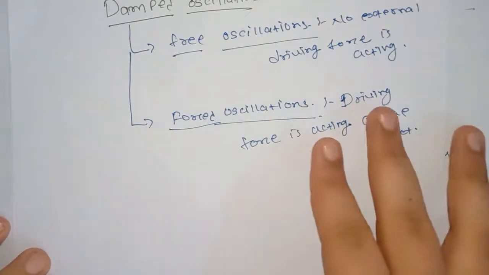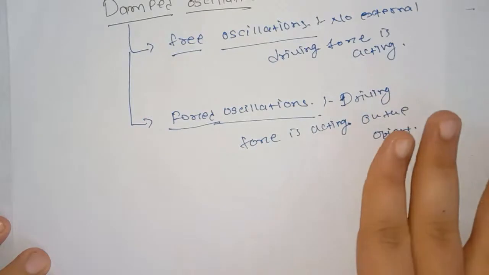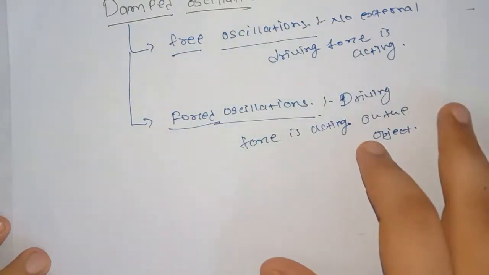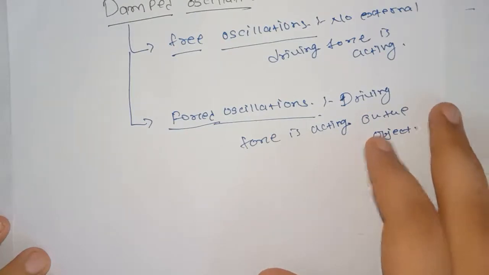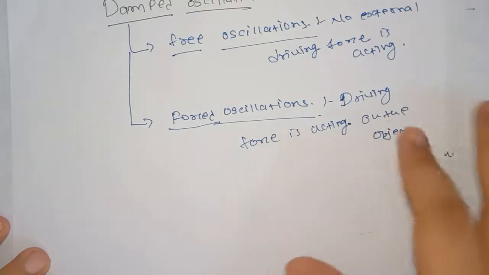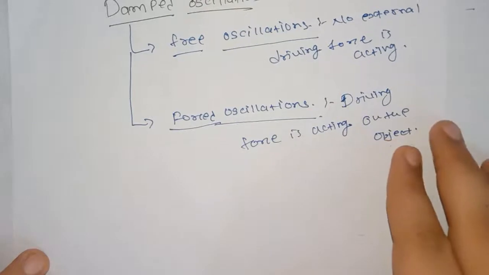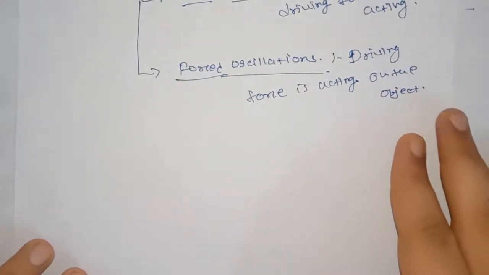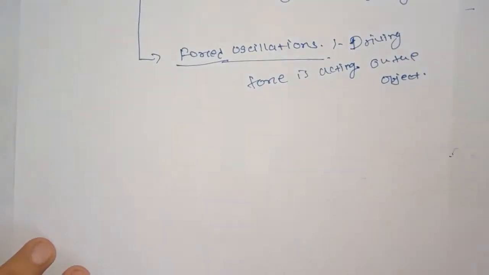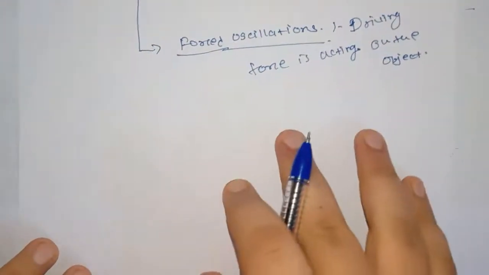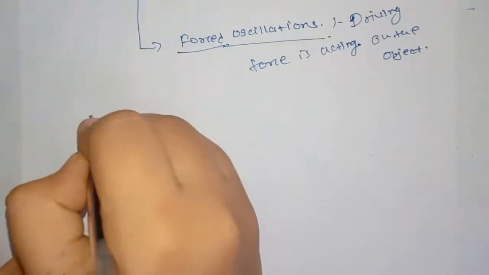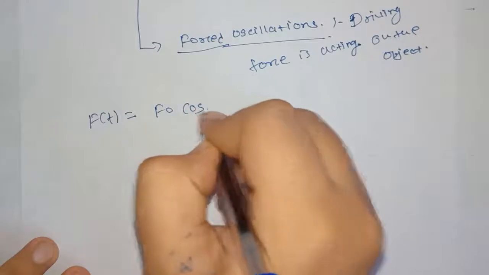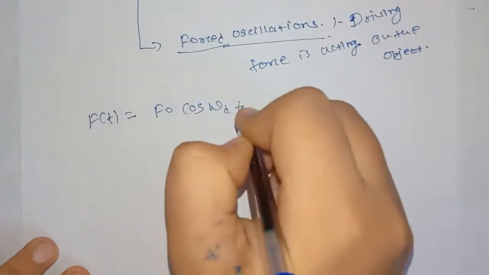The free oscillations will die eventually due to damping forces. But in the case of forced oscillations, they are maintained by the driving force and external energy. Let's say the external force acting, f of t, is f naught cos of omega d t.